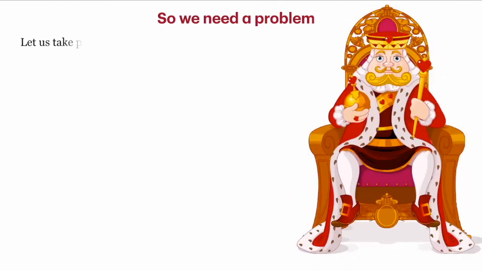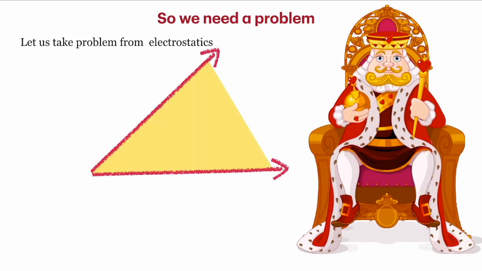Now that we have seen how to solve a Laplacian in polar coordinates, let's look at some problem to solve. We have already seen a problem from electrostatics. Let's relook at the problem, because it's a fairly rich problem in terms of physics, and we have already had a lot of confusion about it.